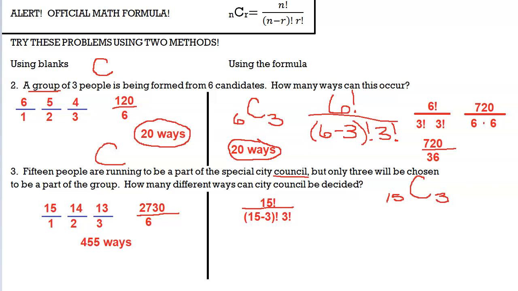Well, I want to throw something out there. It's kind of a time saver. If you have a calculator that does a 15C3 without trying to get cute like this, that's great. But I just want to bring up a concept of what's going on here. 15 factorial would be 15 times 14 times 13 times 12 times 11, and so on.